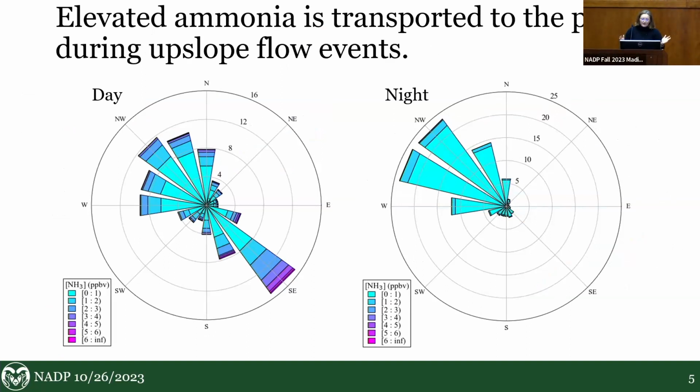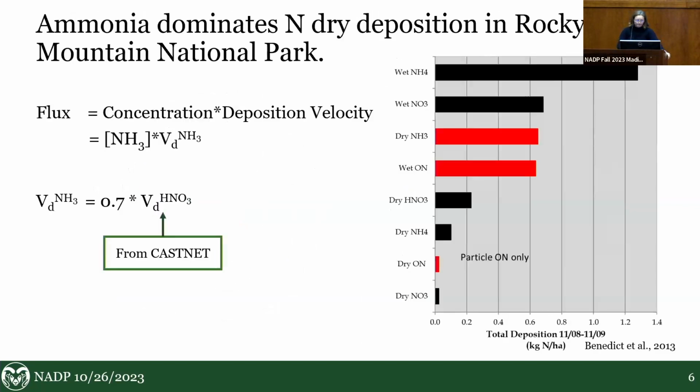That upslope fraction really represents transport from those eastern plains. It's not due east because of some local channeling. Overnight, we see predominantly downslope flows. In the daytime, some of the highest ammonia concentration values are brought to the park by that upslope flow.